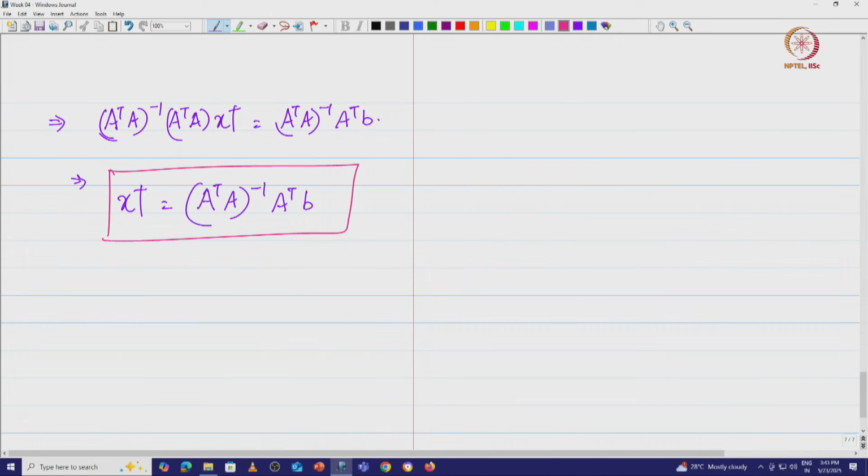What does it say? It says the best optimal solution is basically given by A transpose A the whole inverse A transpose into B.